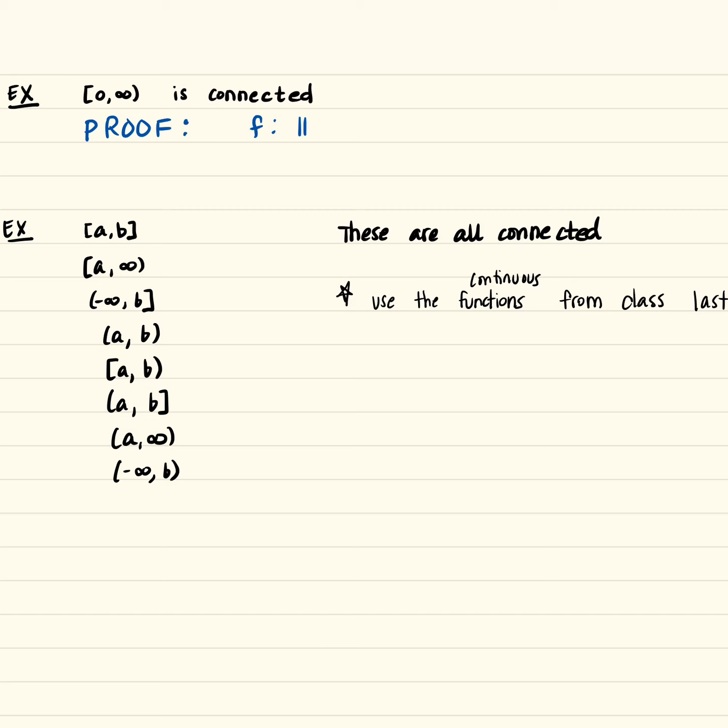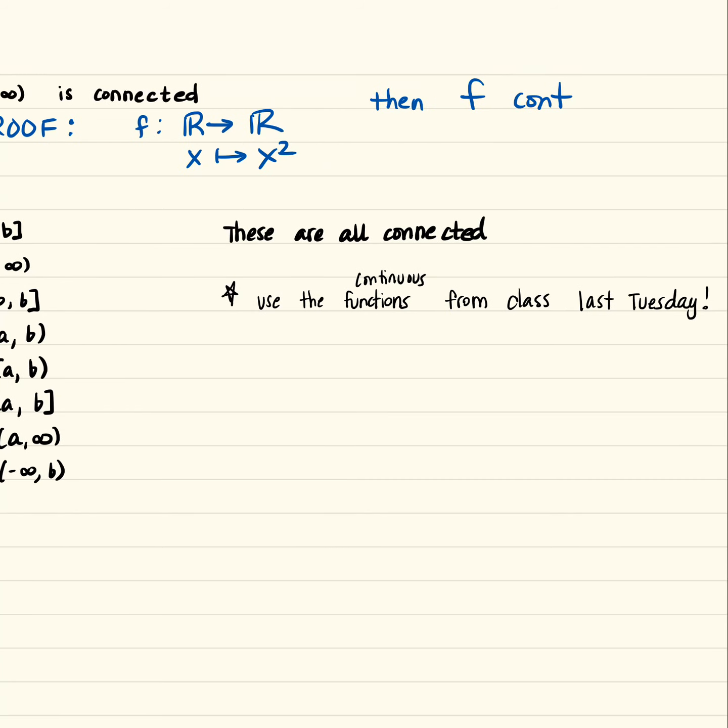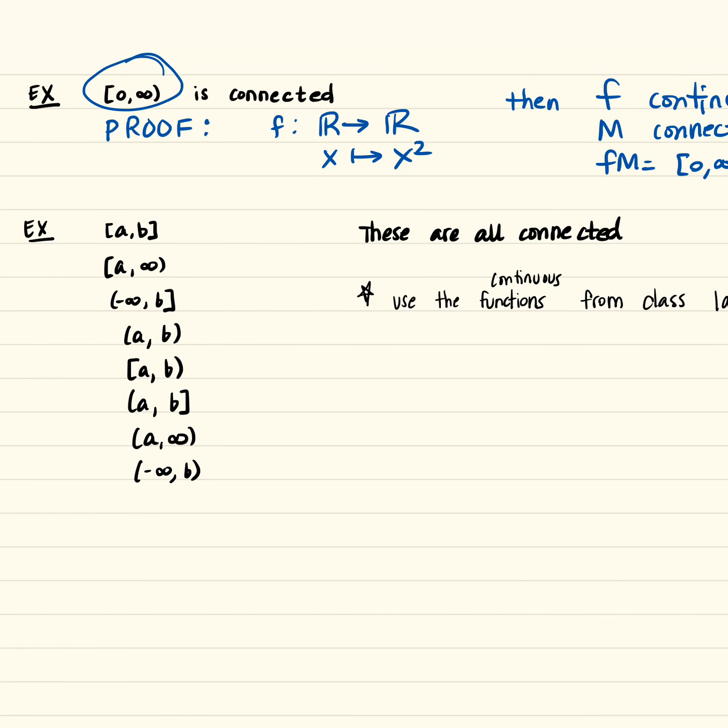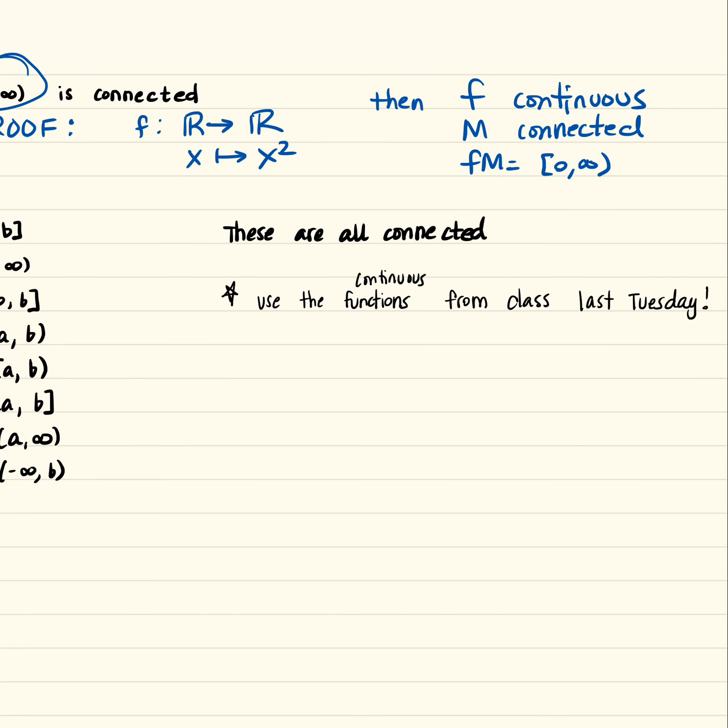F is going to go from R to R. Just take x and send it to x squared. Then F is continuous. R is connected, because we just proved that. And F of R, which is our goal here, that closed unbounded interval, must be connected.